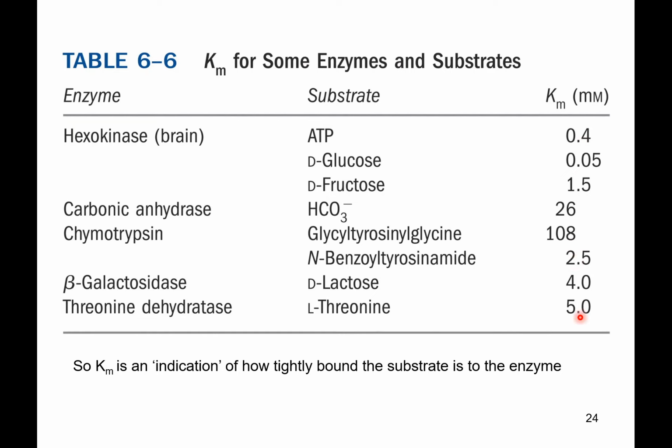Examples of some Km values for different enzymes. Not important to memorize these, just gives you an example of the scale that we're looking at for some of these. And the higher the Km value is, an indication of how tightly bound substrates are to enzymes.